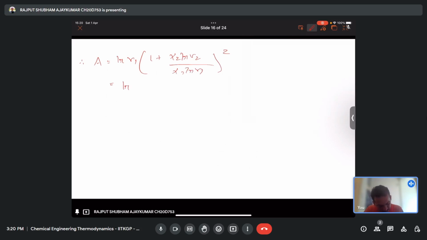We know that ln gamma 1 is 1.195, 1 plus x2 is 0.539, ln of gamma 2 is 1.295, divided by x1 which is 0.461 into ln of 1.195. If you solve this entire equation, it comes out to be 1.295.